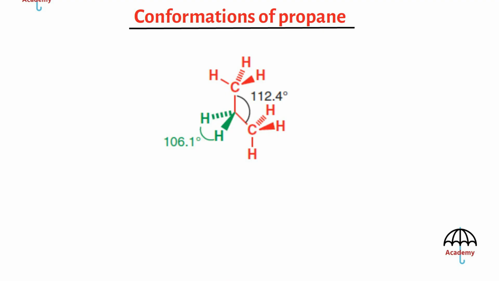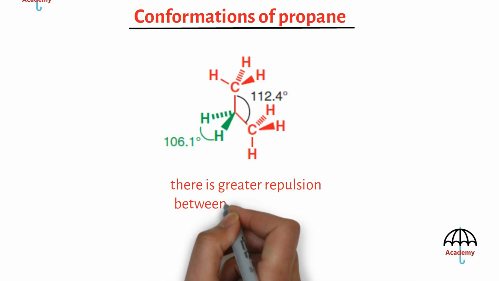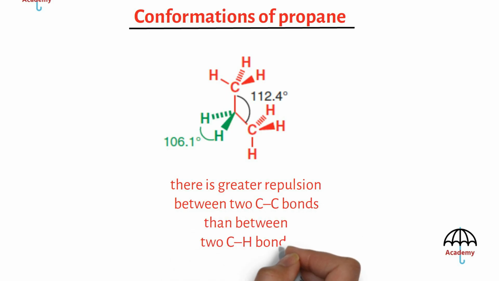Consequently, the H-C-H bond angle on the central carbon is 106.1 degrees, smaller than the ideal angle of 109.5 degrees. This is not due to two methyls on central carbon clashing with each other, but instead, there is greater repulsion between two C-C bonds than between two C-H bonds.